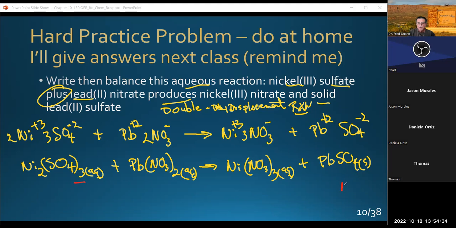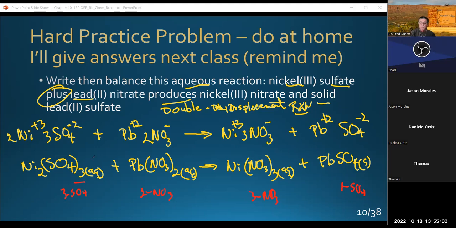I got 2 nitrates on the left-hand side, and I got 3 nitrates on the right-hand side. So I'm not worried about the metals here. Follow the polyatomic ion tables.